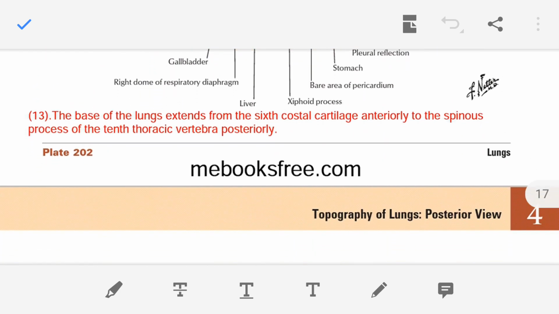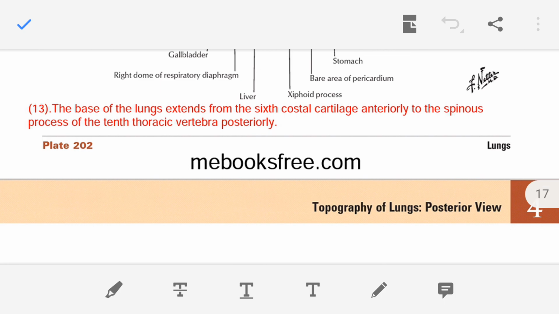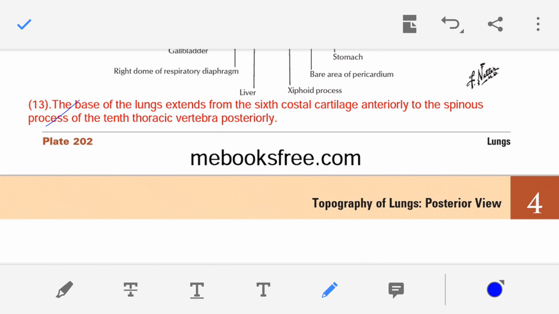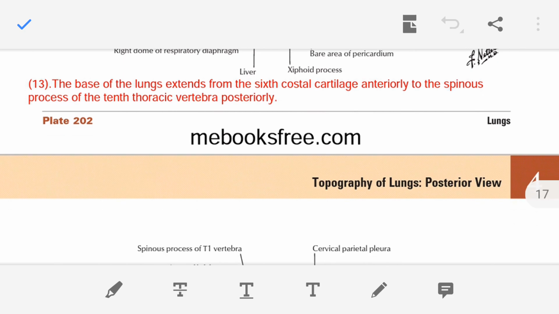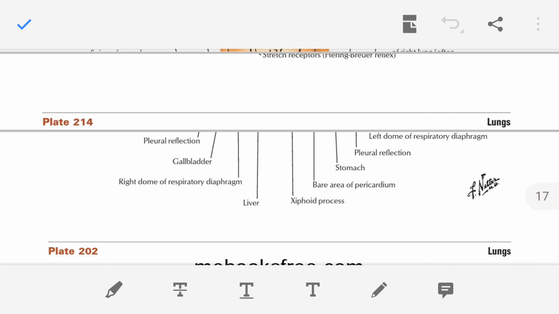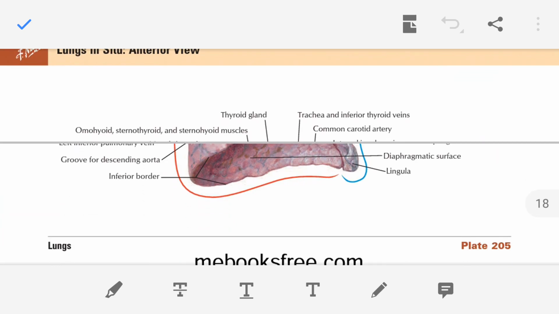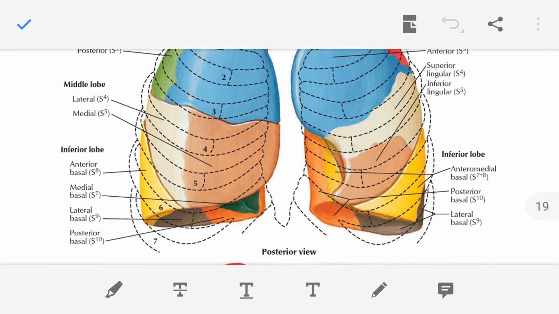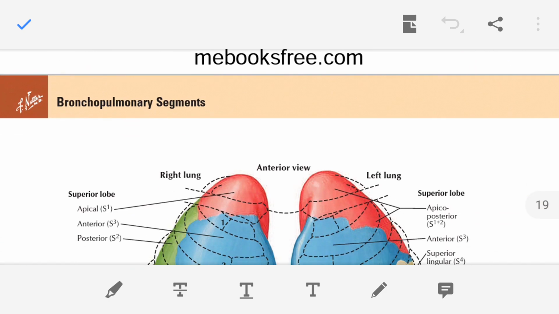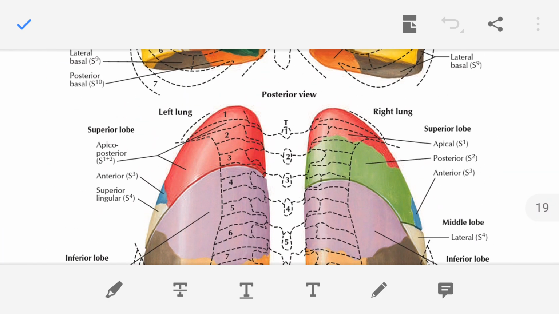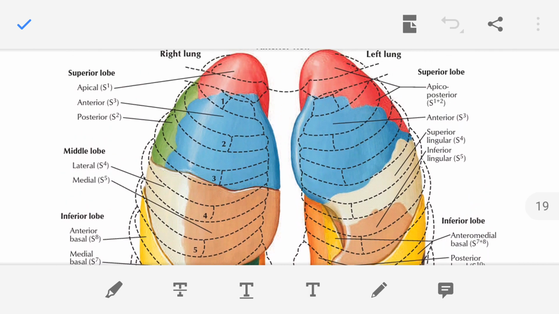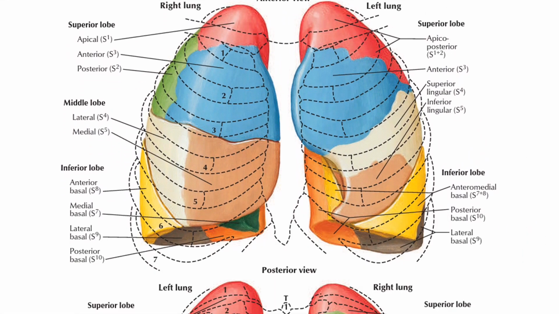Now point number 13, this point we have also discussed, the base. Now the final point we are discussing, point number 14. In this figure you see the entire rib cage with the dotted line, and all the ribs and the sternum are shown, and you also see the position of the lung.